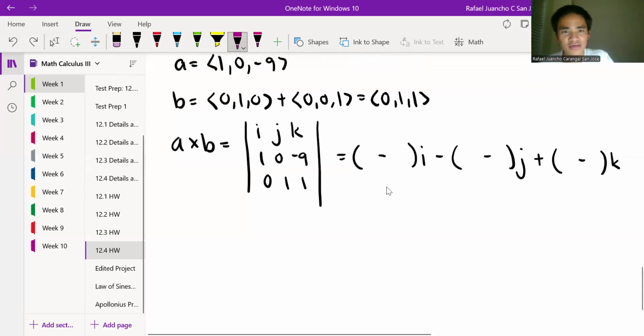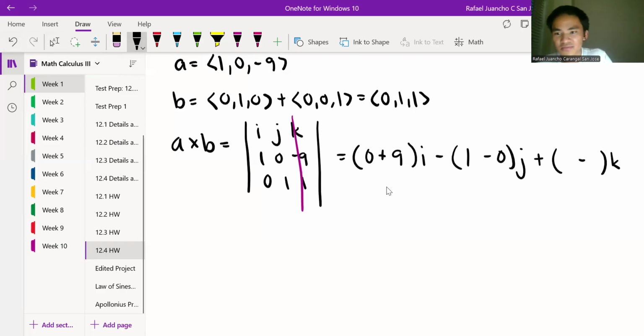So for i, cancel out everything in i. So we have 0 times 1 is 0. -9 times 1 is -9. So this is plus 9. For j, we have 1 times 1 is 1. 0 times -9 is 0. For k, we have 1 times 1, 0 times 0. That's it.